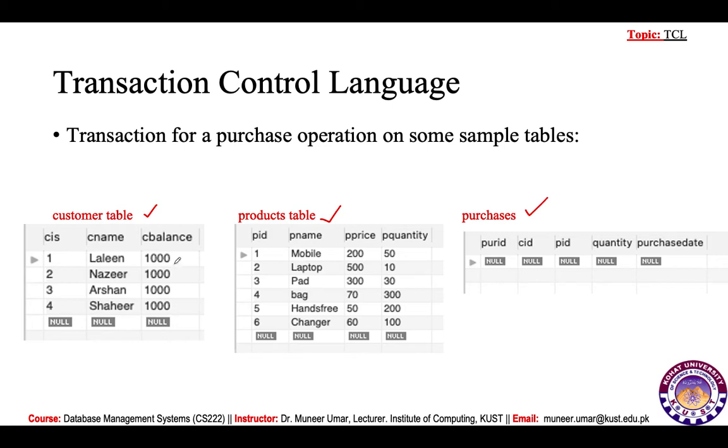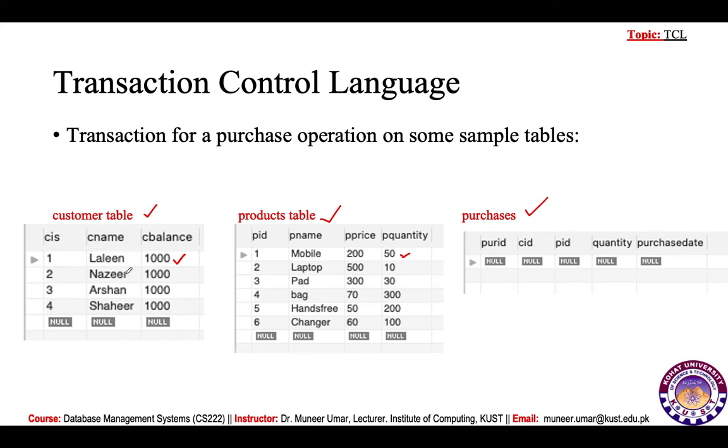If a customer buys something, this balance will be reduced according to the price and quantity of that product. In the same way, the quantity of that product will also be reduced, and we will get a new entry for that purchase.